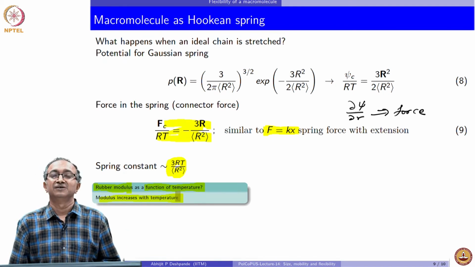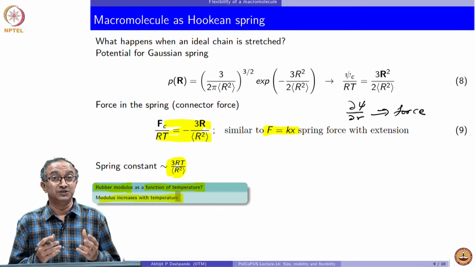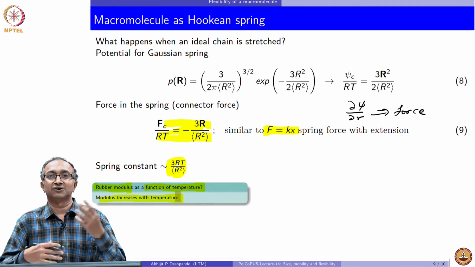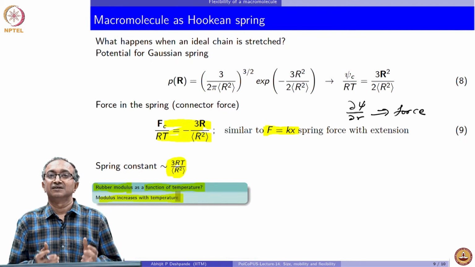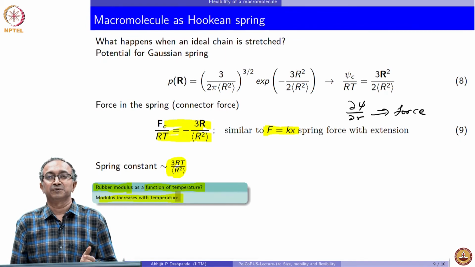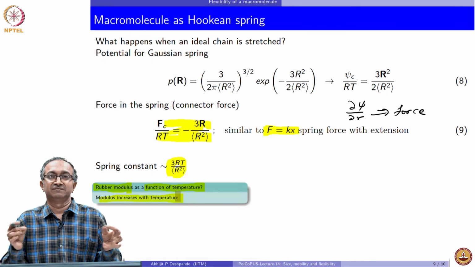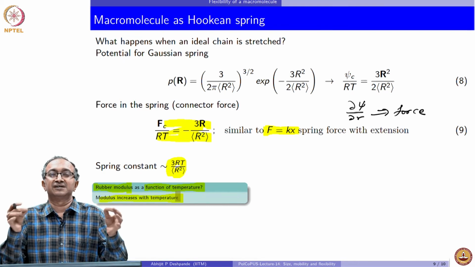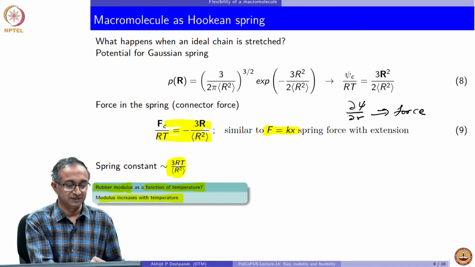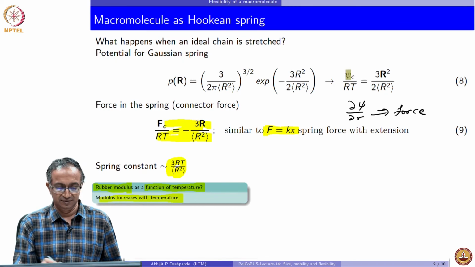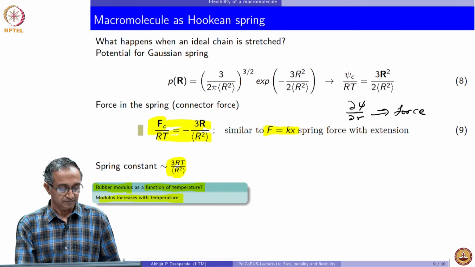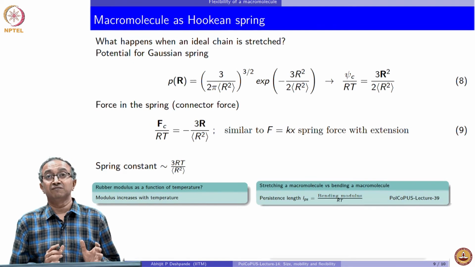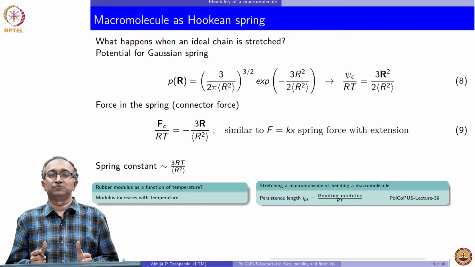But for rubbers, where the elasticity is due to these macromolecules adopting different conformations, the modulus is proportional to temperature. That can be explained based on the idea that entropy changes when we stretch a macromolecule, or the two ends of the macromolecule feel an interaction psi c as we have written here, and therefore there is a force of interaction. So with this, we have looked at stretching of macromolecules also.